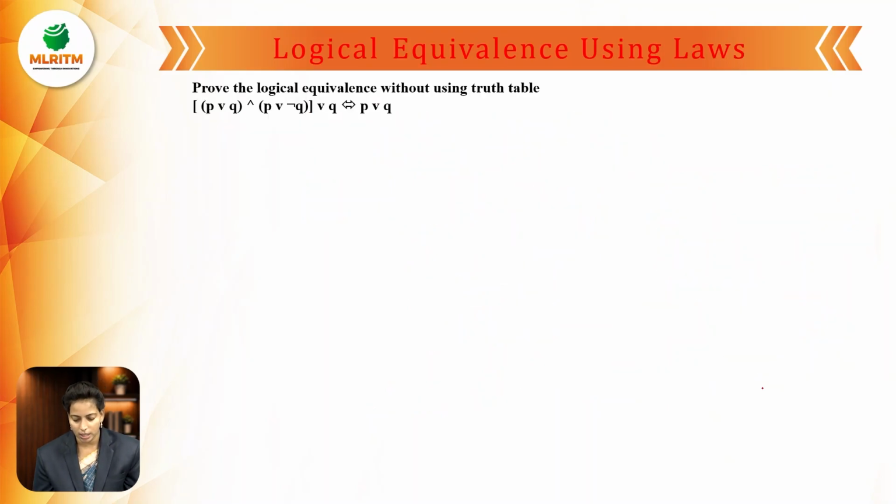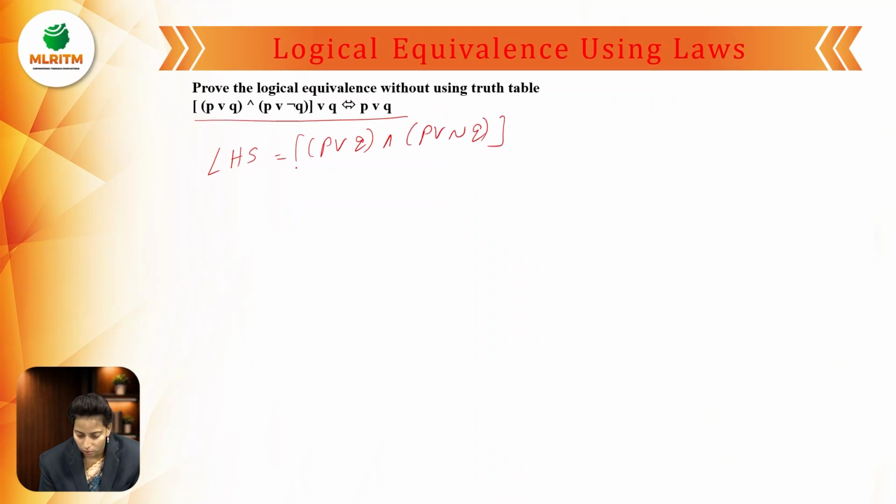Okay. Next, the second example: prove the logical equivalence without using a truth table. First we observe the left-hand side. Let us consider LHS equal to [(P or Q) and (P or negation Q)] or Q, which is equivalent to P or Q. We only consider the LHS to prove LHS equals RHS. Observe the square brackets in between P or Q and P or negation Q: in both terms P is common.